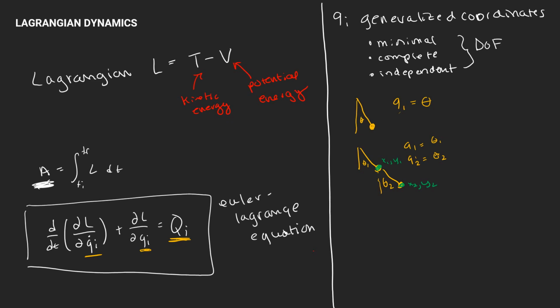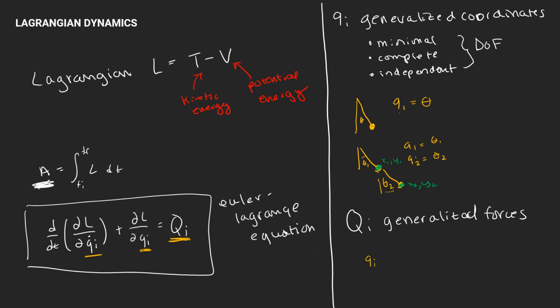And lastly, we have here a capital Q i, which refers to generalized forces. These are the forces that are acting in the directions of the corresponding generalized coordinates. So for example, let's take this double pendulum here, where we have theta 1 and theta 2.